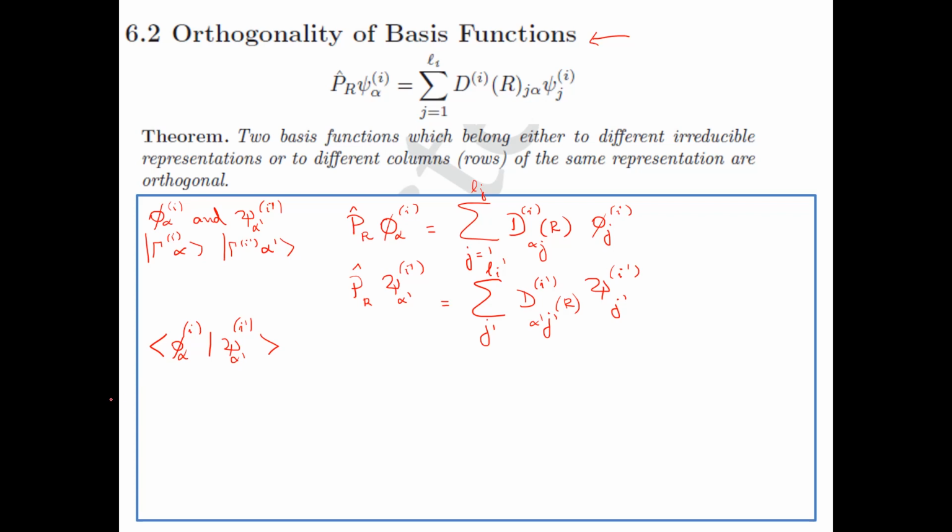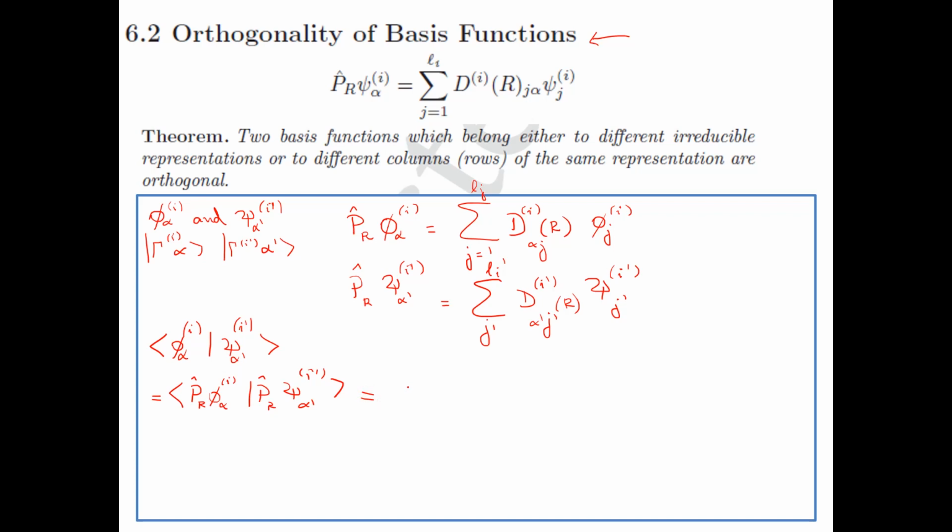So the bottom line is that this is equal to the same number when I apply a symmetry operation R on this function, and the same symmetry operation P of R on this other function. Okay, should be the same. All right. Okay, so let's then calculate this.